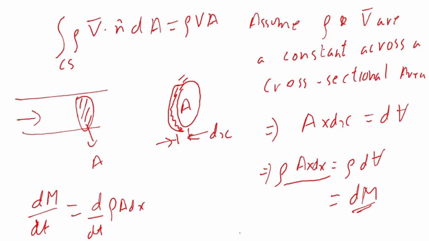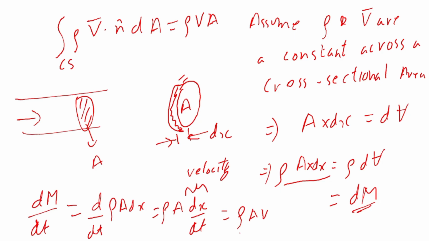If you're assuming rho and A are not changing, this is just dx dt. What is dx dt? Change of distance over time is nothing but velocity. So you have rho times A times v. That is how this expression of rho vA comes about.